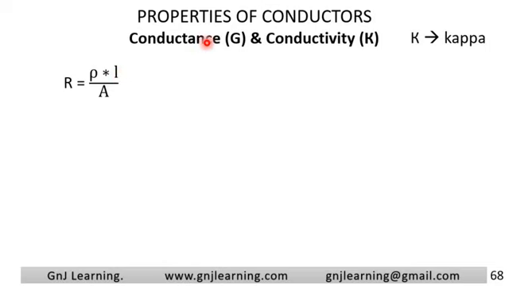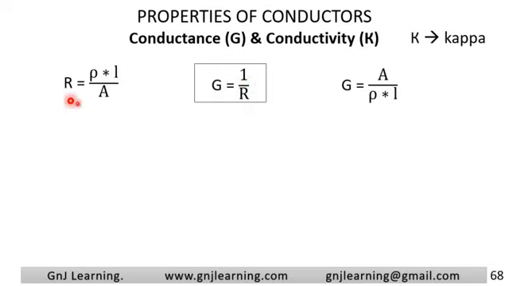So you can say conductance is a reciprocal of the resistance R. G is equal to 1 by R. So if this is resistance, I can just invert this formula, like G is now equal to A divided by rho into L, because G is equal to 1 by R and R is this. So G is equal to A by rho into L.